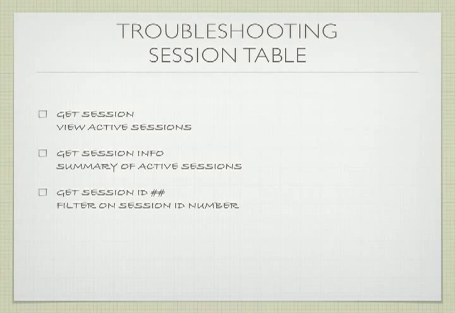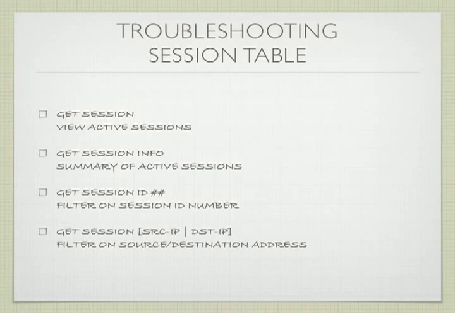And finally, there's a filtering available on session. You can specify either a source IP address, SRC-IP, or a destination IP address, DST-IP, to see all of the sessions that are associated with either a source or a destination IP address. So these will allow you to see the traffic that's flowing through the device at that moment in time.